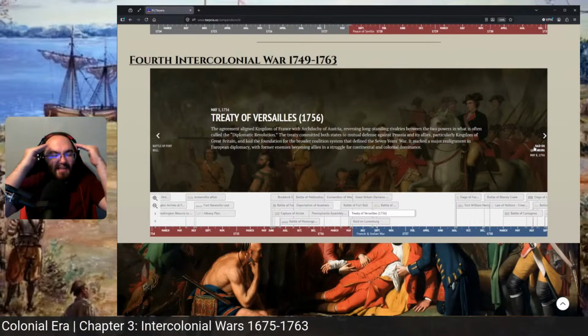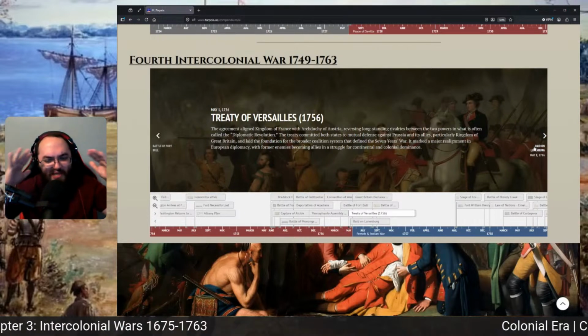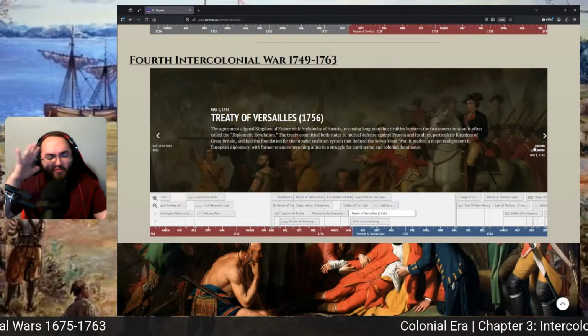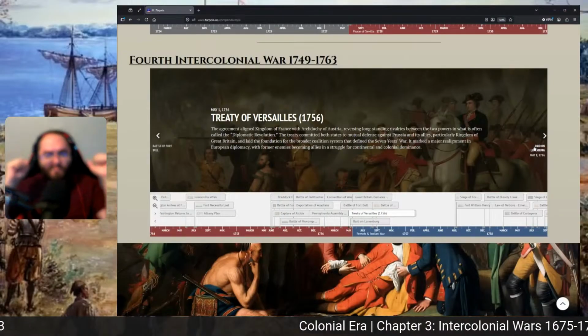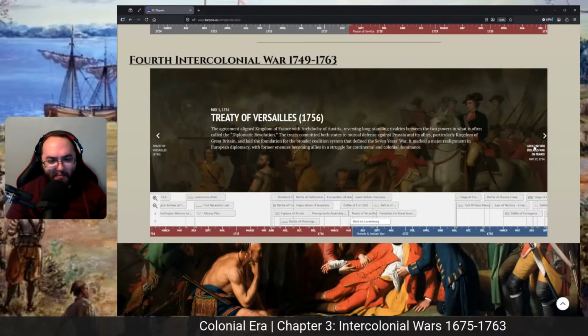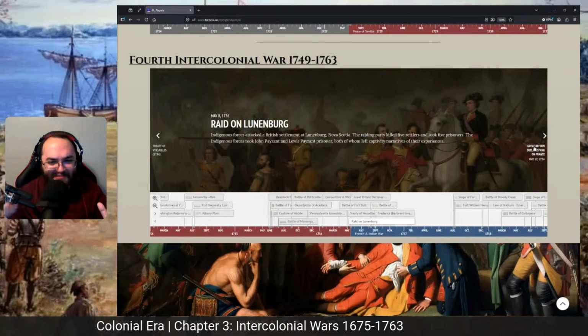So, again, keeping track of all these treaties and who's fighting who and why is very, very complicated, even when you organize it on a timeline.